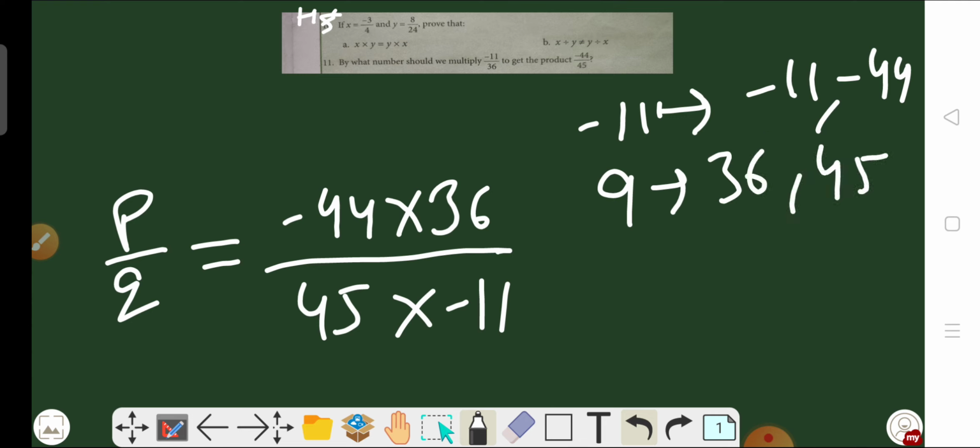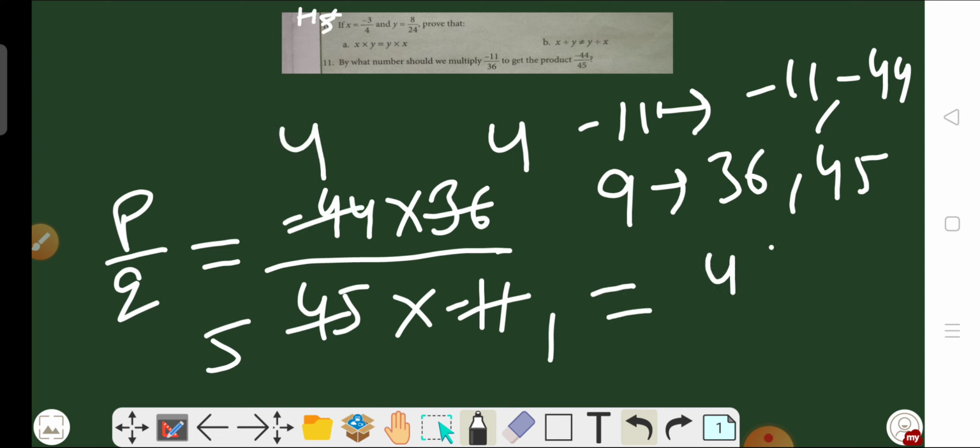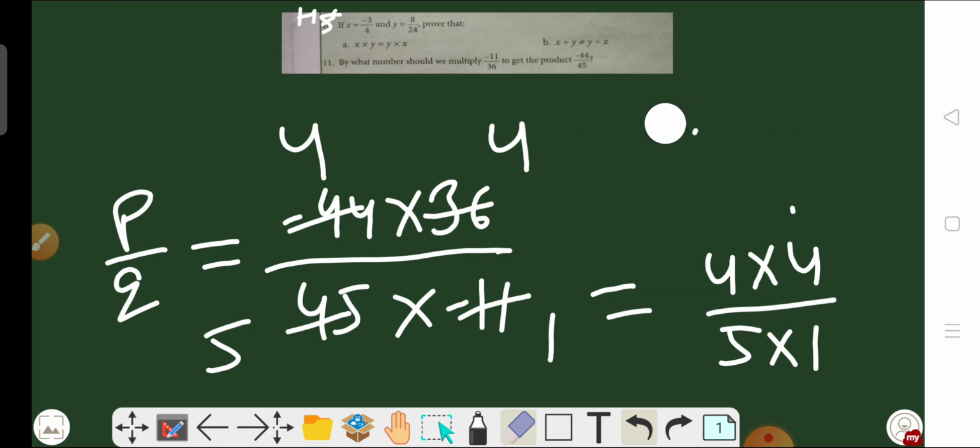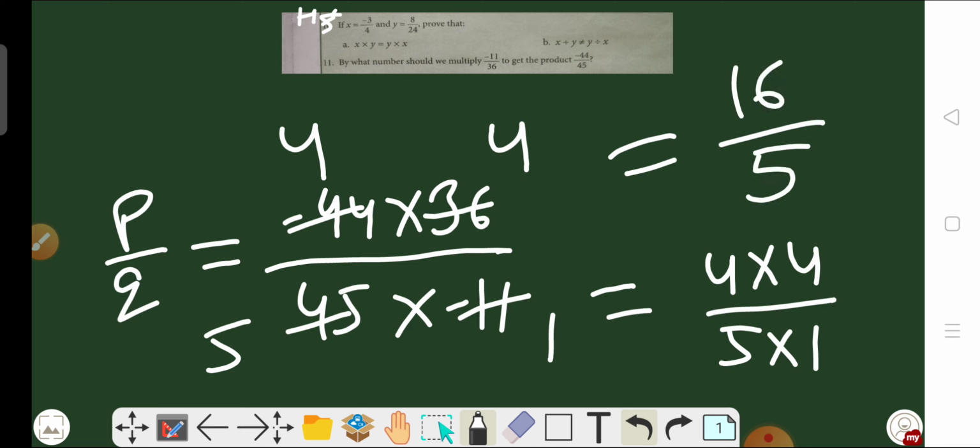When we cancel these common factors, 36 will become 4 and 45 will become 5, minus 11 will become 1 and minus 44 will become 4. So the value of p by q is equal to 4 into 4 by 5 into 1, which is 16 by 5.